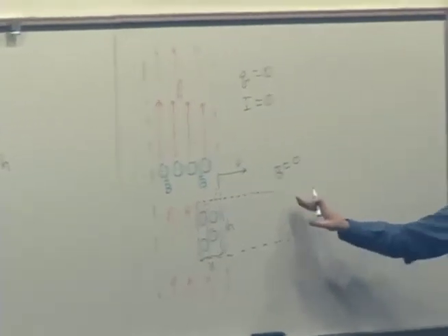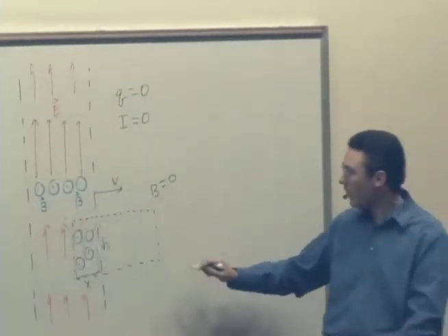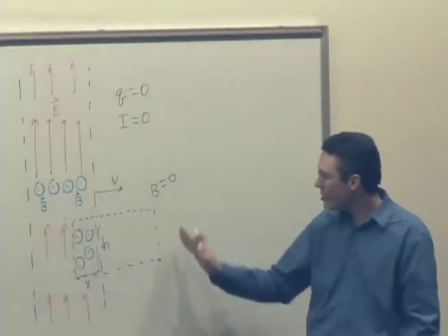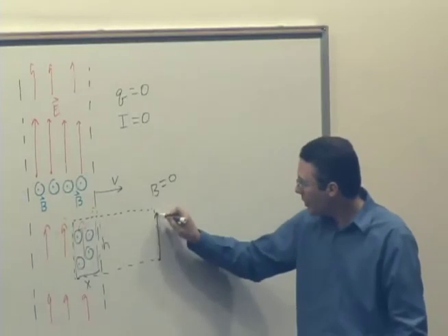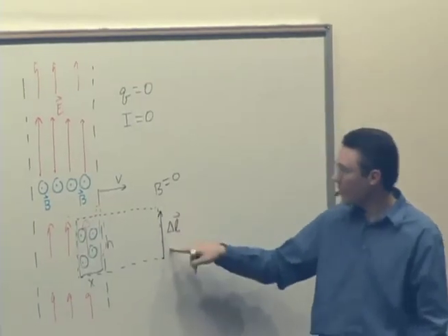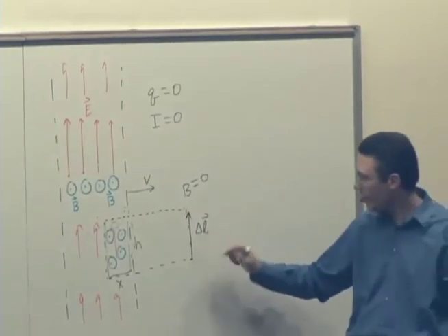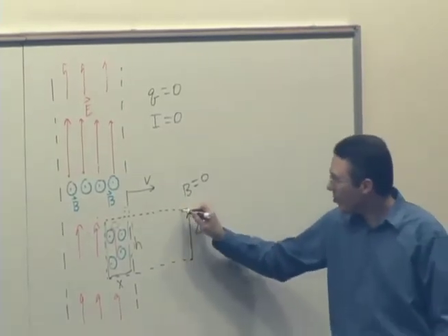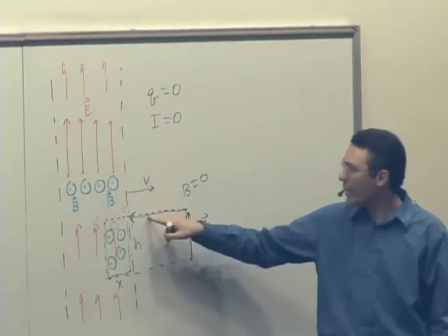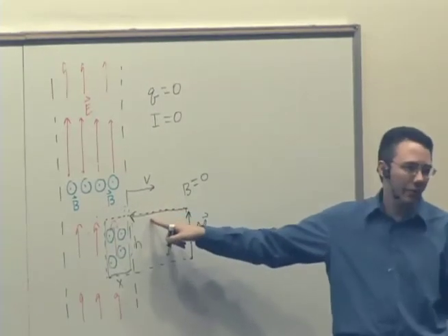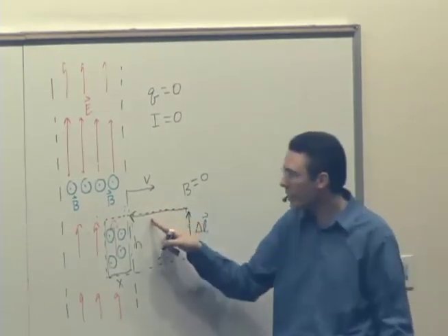Clockwise, counterclockwise? You pick. Counterclockwise, fine. So we start here, let's say. We're going to go counterclockwise, so we have a delta L along this piece, but what's electric field out here? 0. So that gives us E dot dl is equal to 0. I go from here to here, but along that region, the electric field is 0. So again, the dot product gives me 0.